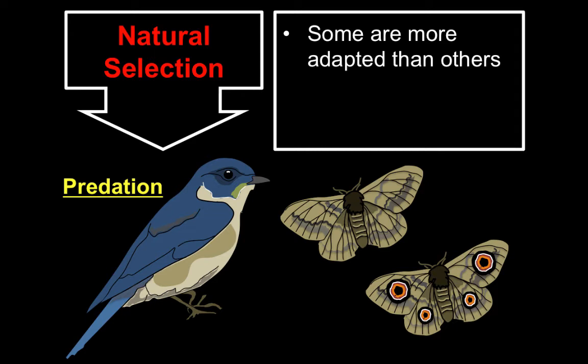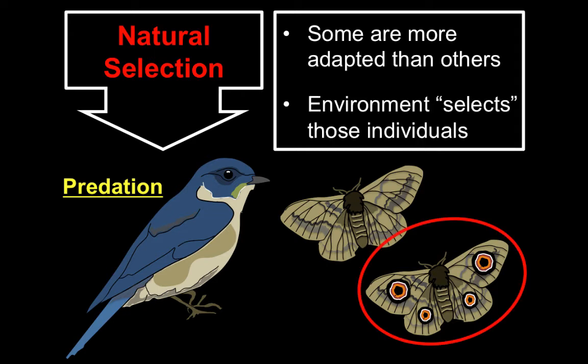When we add in a predator like this bird that's going to eat the moth, in this case, the moth that has the spots, the bird thinks those are eyes, so the bird is not as likely to eat that particular moth. So the moth that has this new allele is more adapted to the presence of the predator, and therefore the environment is going to select this allele for continuing.